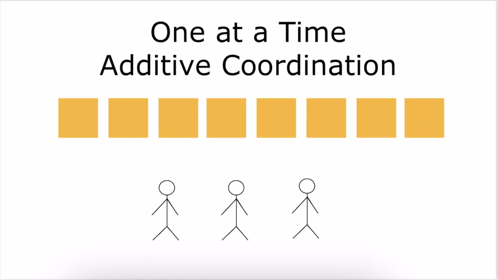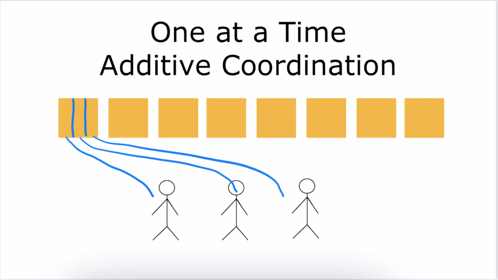The next type of strategy you may see students use is the one-at-a-time additive coordination strategy. So, students who use this strategy will split up each piece of bread equally between the three people. So, they might say, well, this piece of bread can get split up into three equal pieces, and each person will get one third. Then, this piece of bread can get split up into three equal pieces, and each person will get another third.